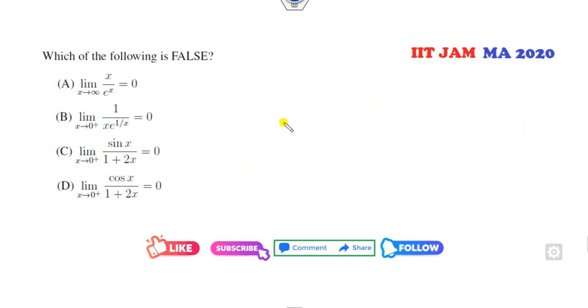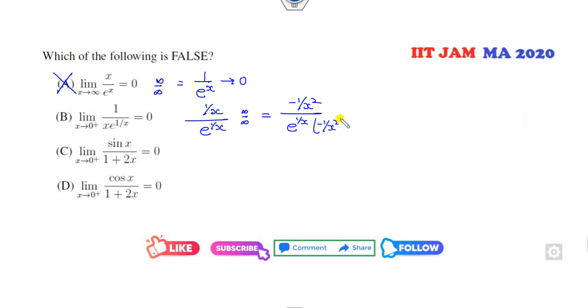Which of the following statements is false? Again it's an infinity by infinity form, so I can apply this. So when you take infinity, it goes to 0. This is the correct statement. Again it's infinity, so I can write it as 1 over x, e raised to power this. So it is infinity by infinity form, minus 1 over x square, e raised to power this, minus 1 over x square.